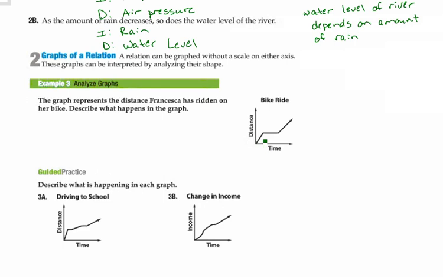So she maintained a steady pace. It looks like over time here she didn't go anywhere. So maybe she took a break and then she maintained a steady pace again. So we can go ahead and say that. Maintained a steady pace. She took a break.